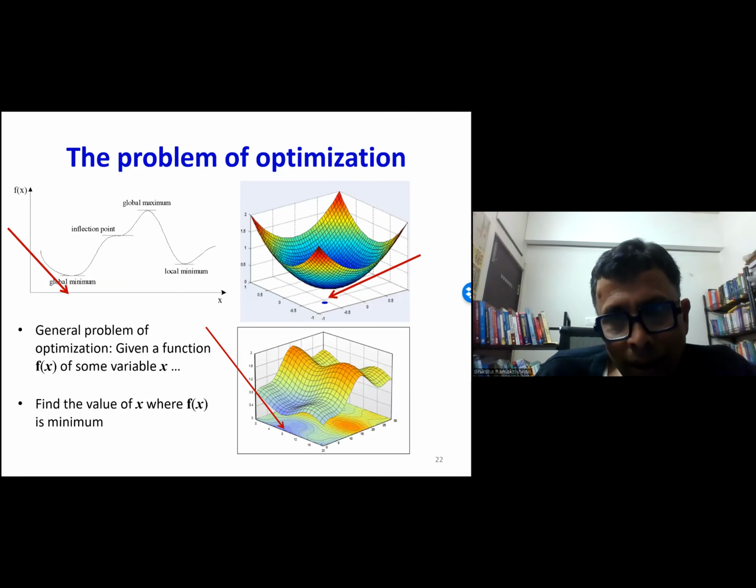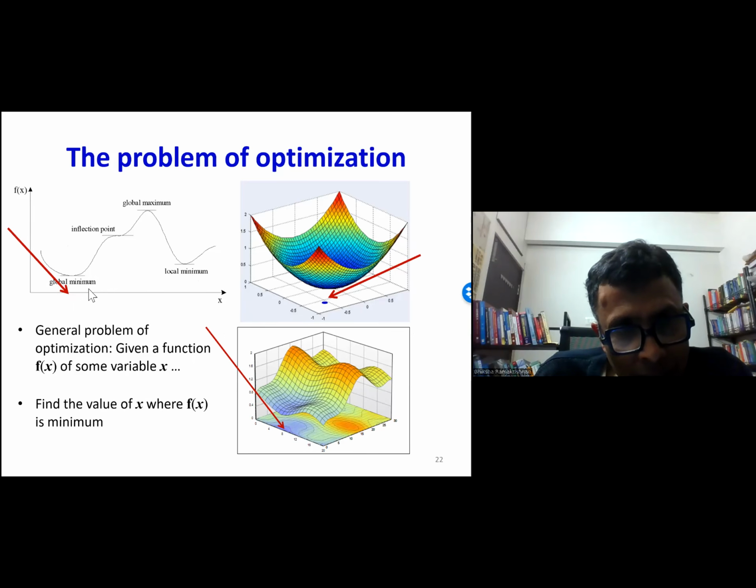Now let's move on. So, the problem of optimization. You're given some arbitrary function f of x, of some variable x. The problem of optimization is that of determining where this function is maximum or where it is minimum.